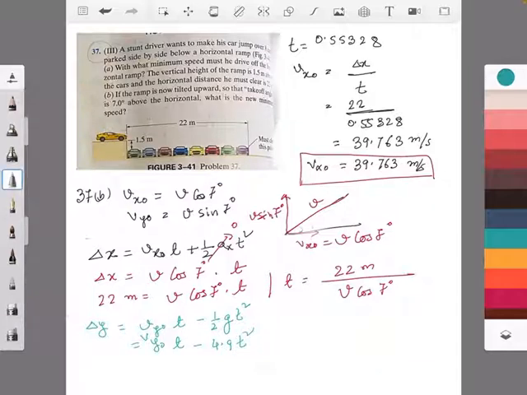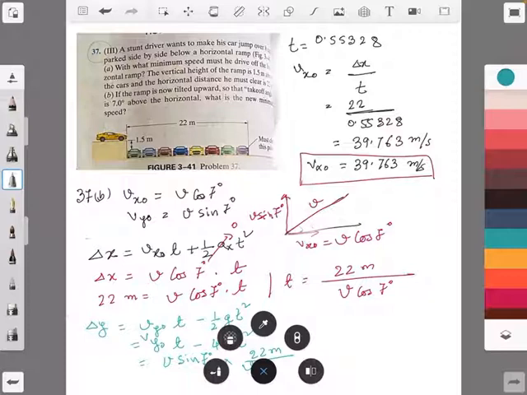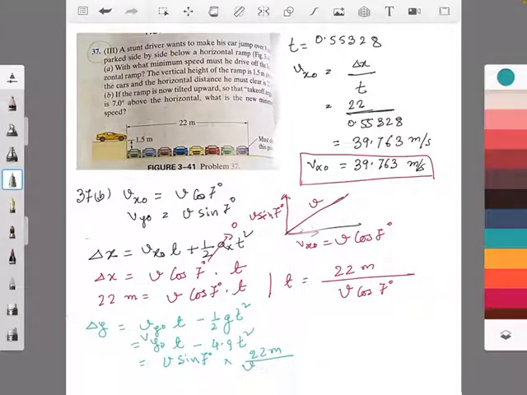So let's substitute Vy0, which is V sin 7 degrees, times t, which is 22 meters divided by V. Let's take this equation to the right side.